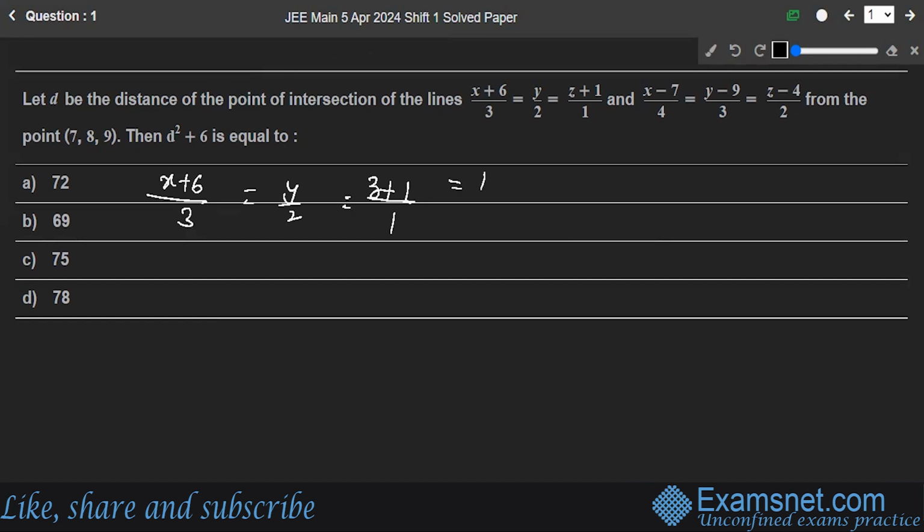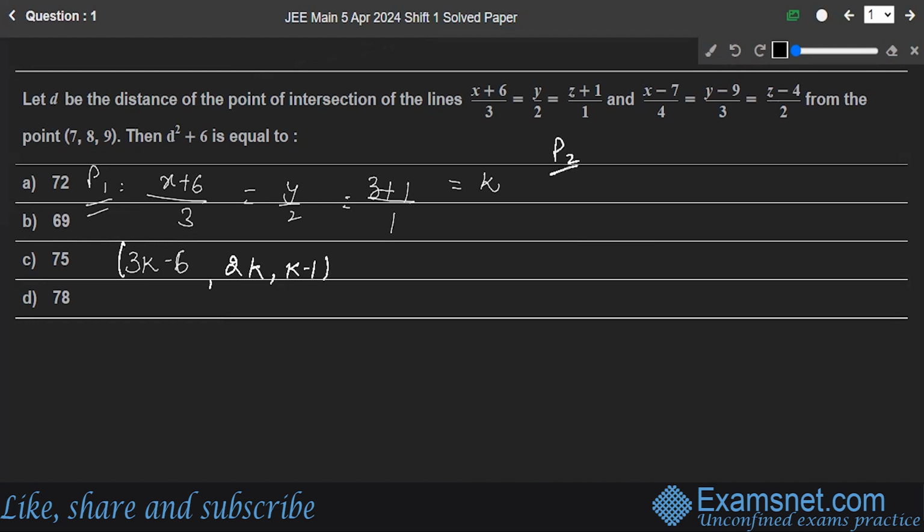Let's say this is equal to some k. Let's say this is P1. Any point lying on this line will be given by 3k minus 6, 2k, and k minus 1.